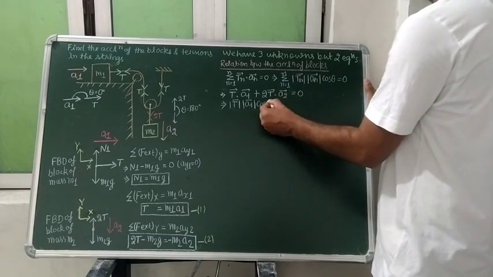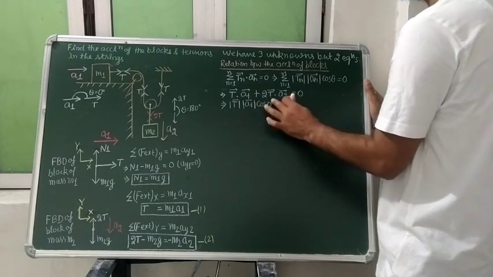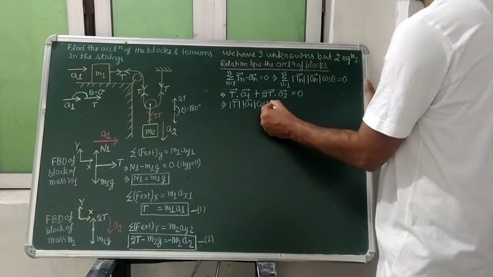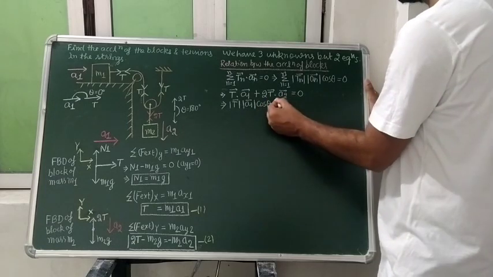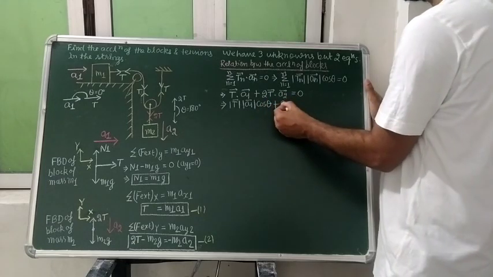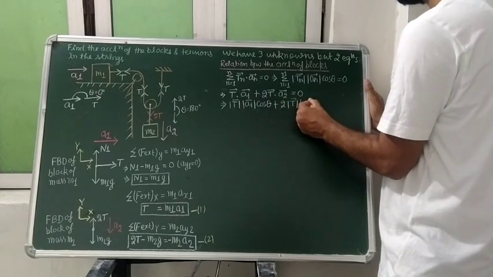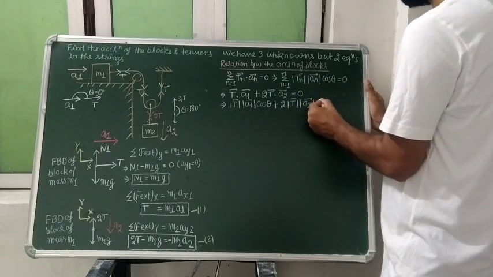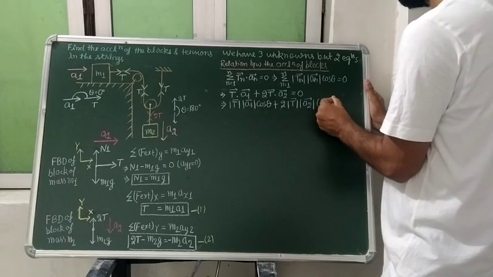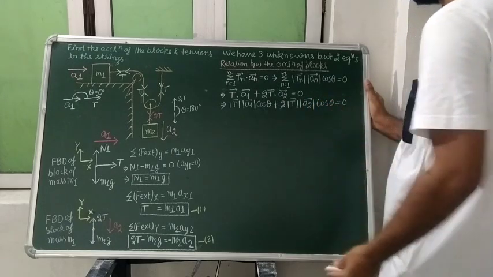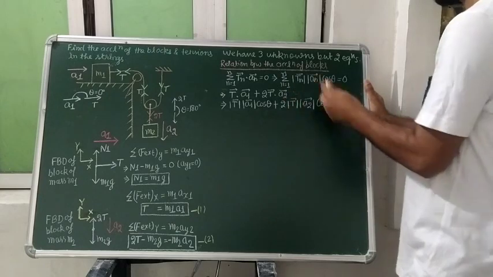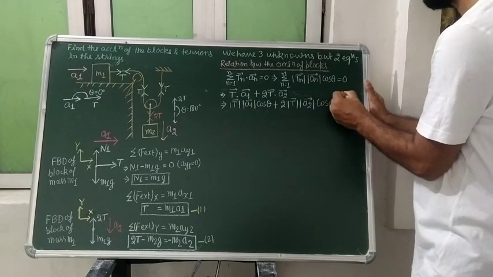So here what will you write? First write down theta, then write the magnitude of this tension vector multiplied by the magnitude of this acceleration vector times cos theta. That should be equal to 0.